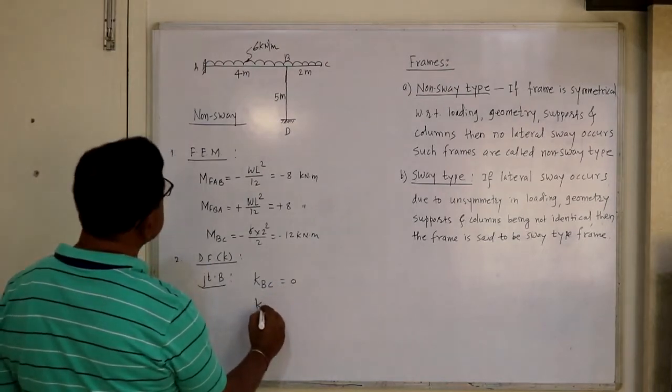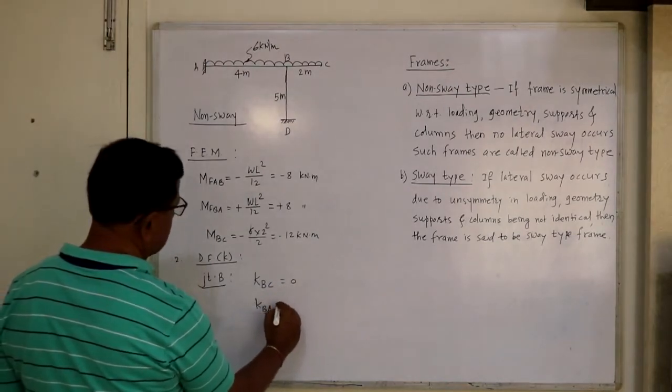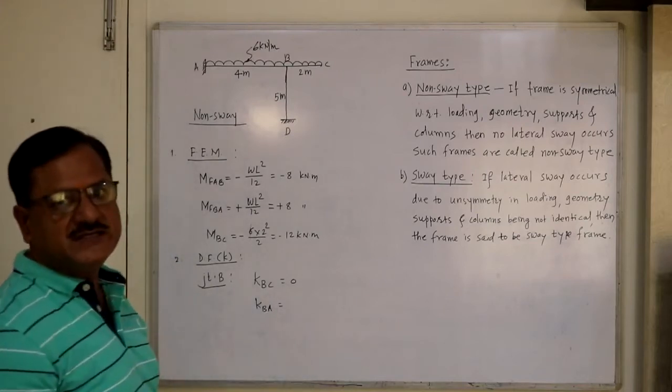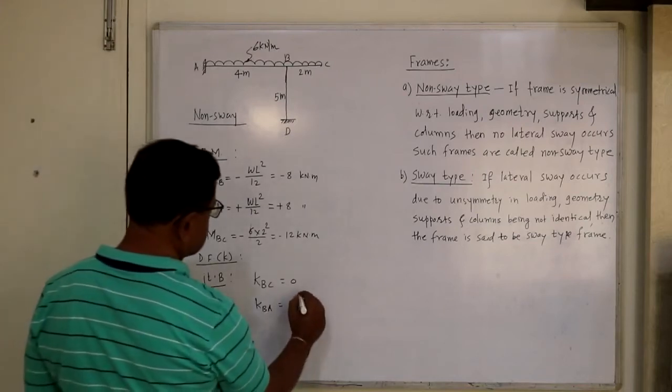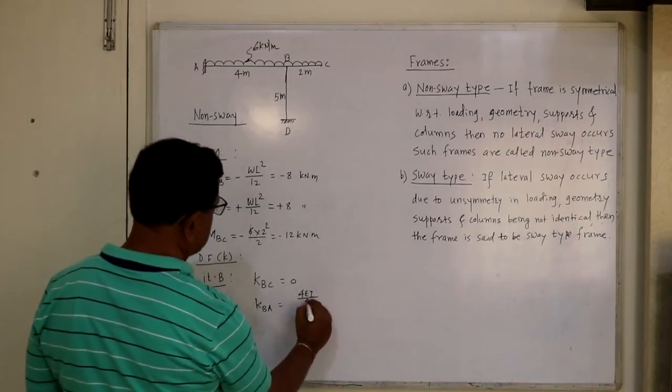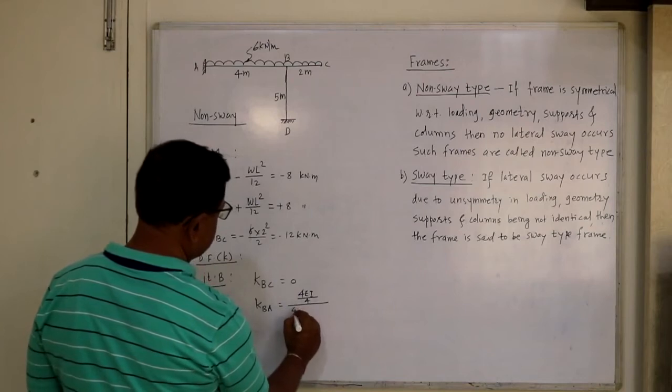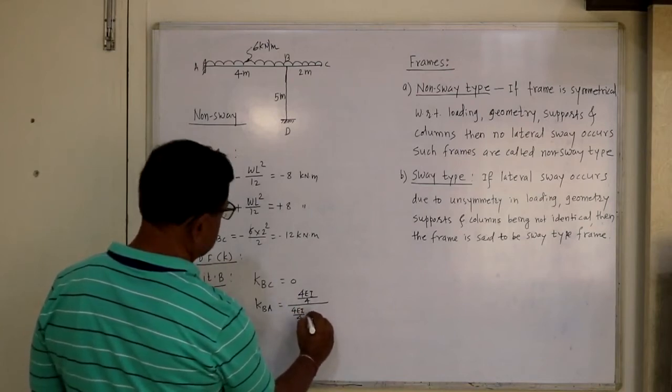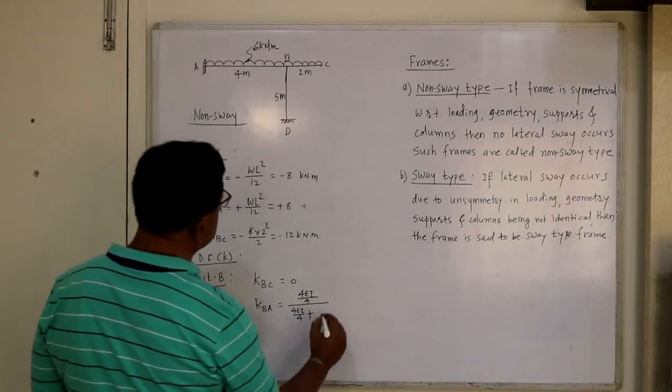That means KBA is equal to stiffness of BA, that is A is fixed, 4 EI upon L, that is 4 EI by 4, divided by 4 EI by L plus stiffness of BD.